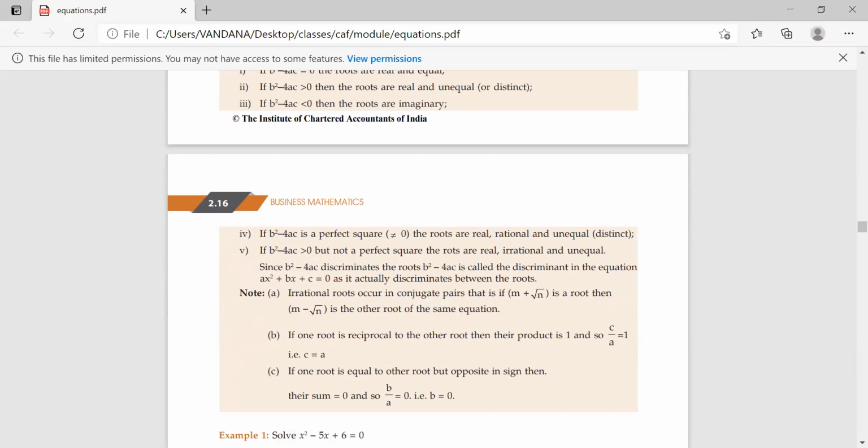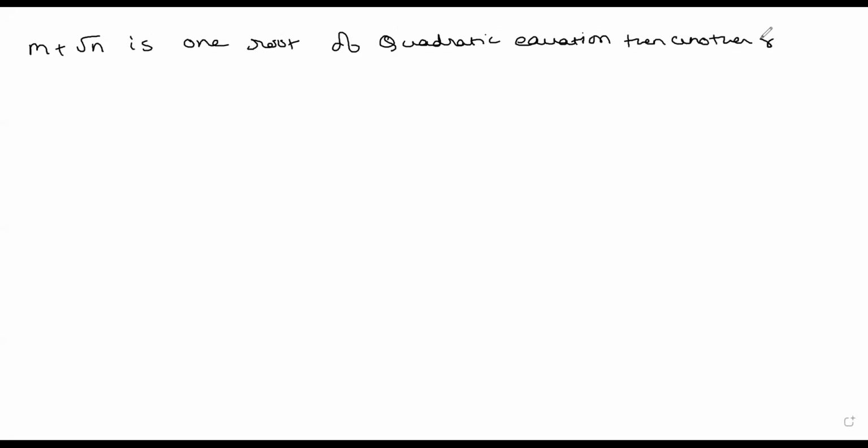So in other words, if m plus root n is one root of a quadratic equation, then another root is m minus root n.